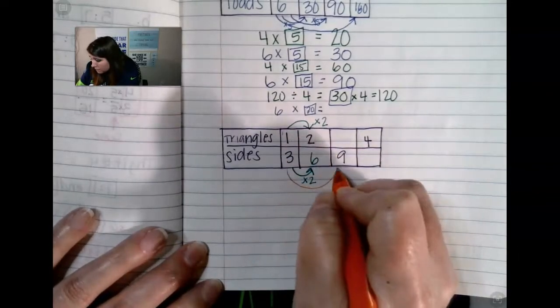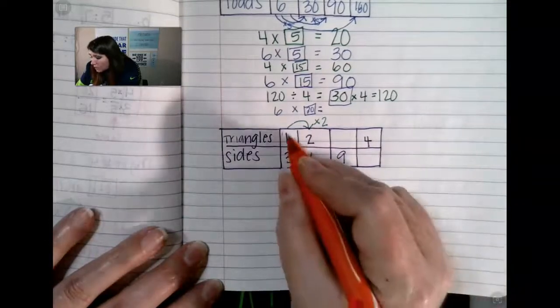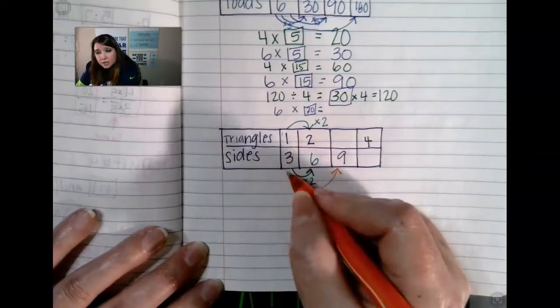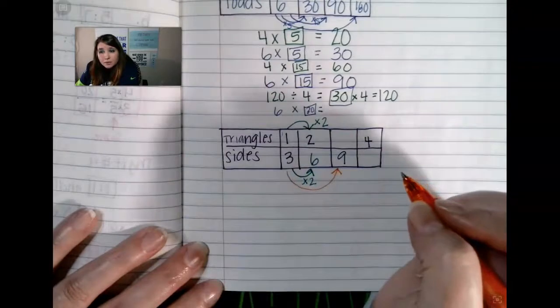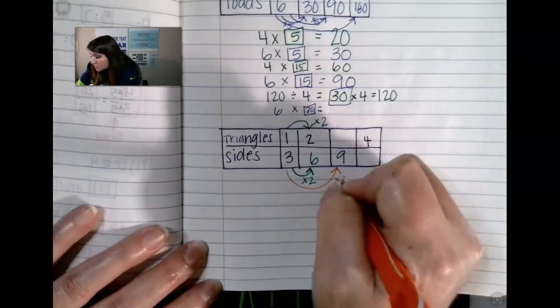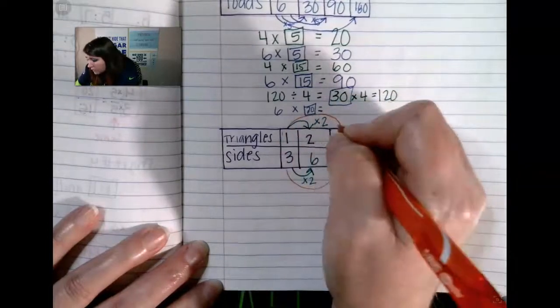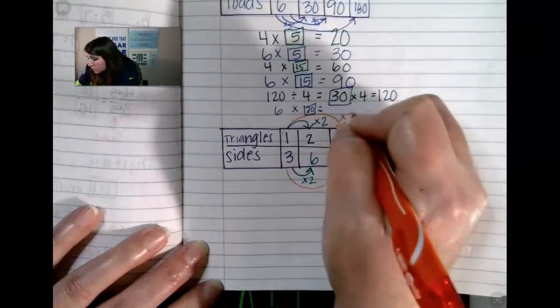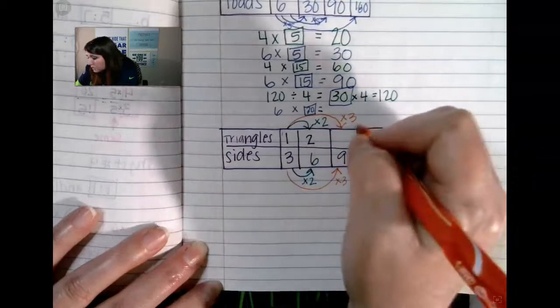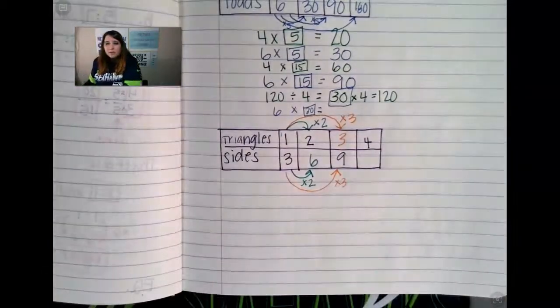So how many triangles do I have when I have 9 sides? Well, to get from 3 to 9, always going back to that original ratio, I had to multiply by 3. So on the top, to fill in this hole, I need to multiply by 3. Well, 1 times 3 is 3.